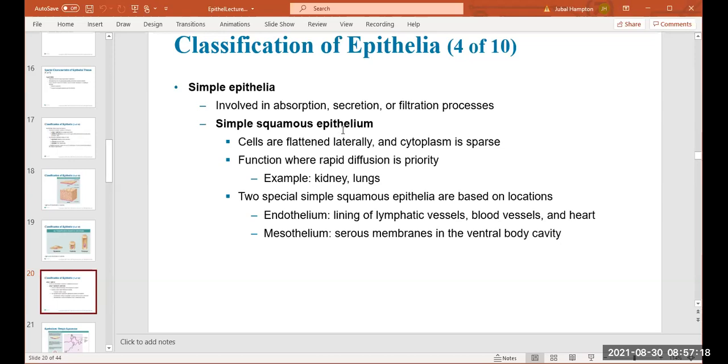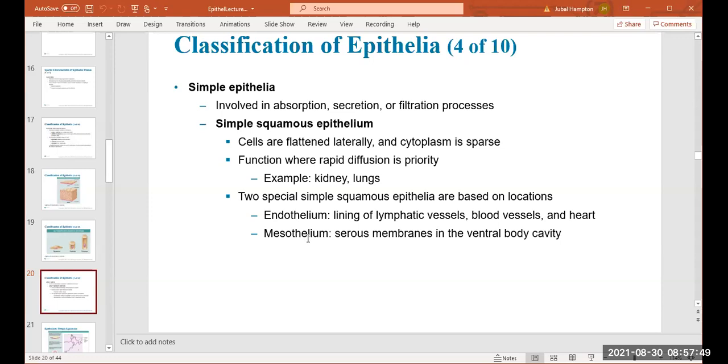So simple squamous epithelium cells are flattened, and the cytoplasm is sparse. We see them in kidneys and lungs, and they form two tissues: endothelium, which is the lining of the blood vessels, lymphatic vessels, and the heart, and mesothelium, a very specialized serous membrane found in the ventral body cavity, in the thoracic cavity.